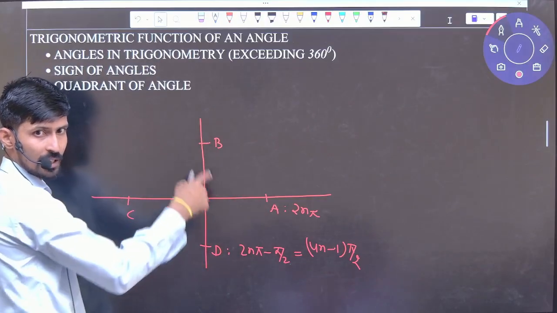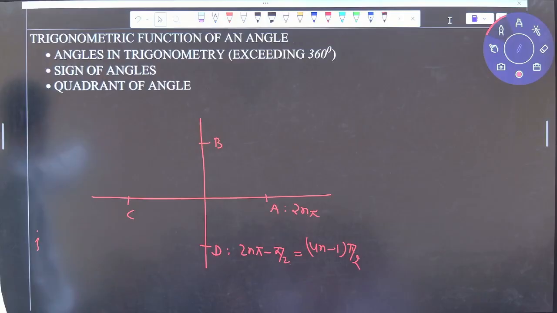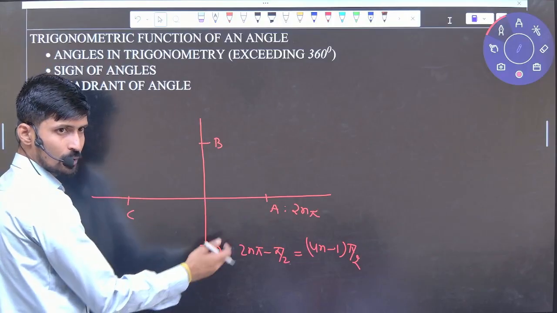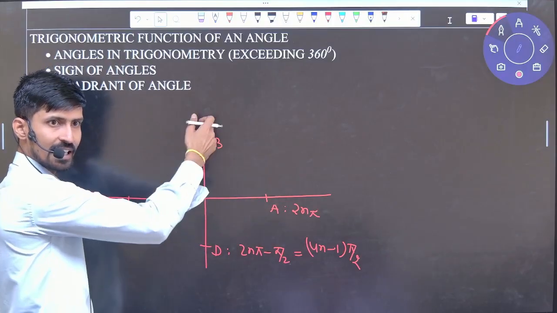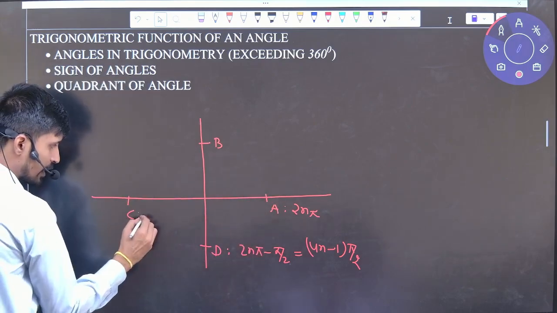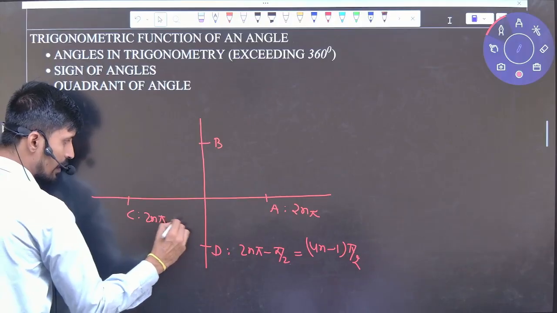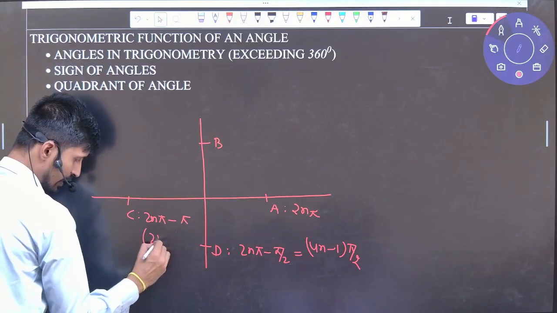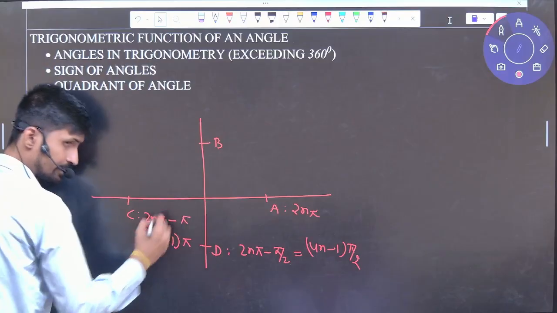That is (4n plus 1) pi by 2 in the other direction. And again, when you go in this direction, what will it become? 2n pi minus pi, and this will become (2n minus 1) pi.